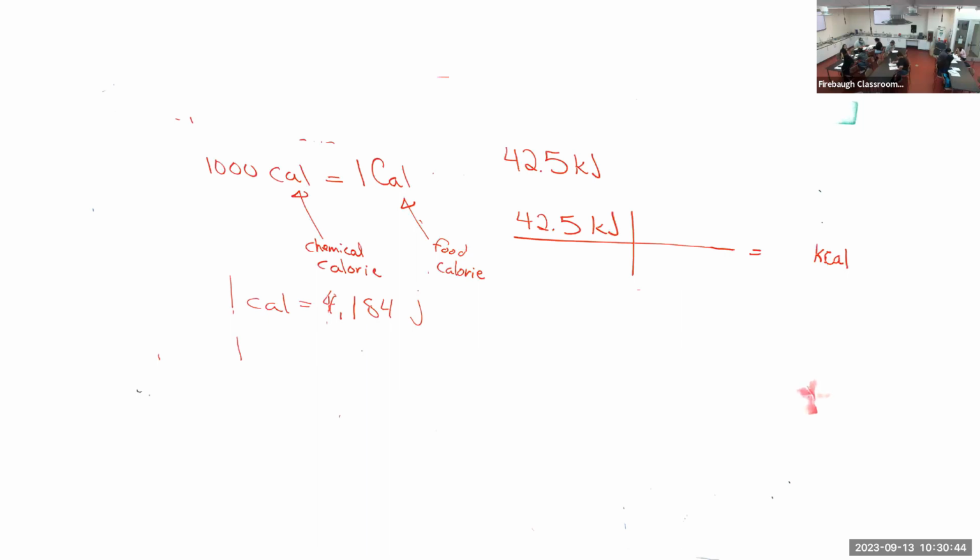1 kilocalorie is going to be equal to 4.184 kilojoules, right? Which is the same thing as a calorie to a joule. Since we have the prefix kilo in front, they cancel each other out. They mean exactly the same thing, so they're going to be equivalent to each other. If I have millicalorie and millijoule, then we're going to use that same ratio, 1 to 4.184.